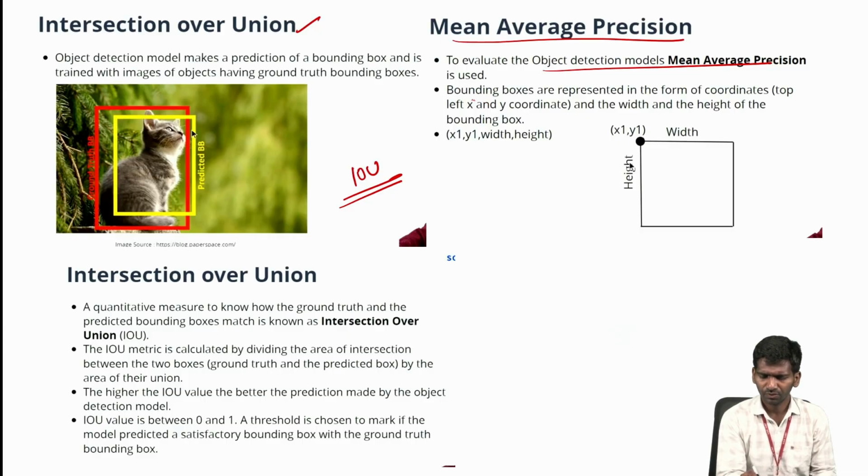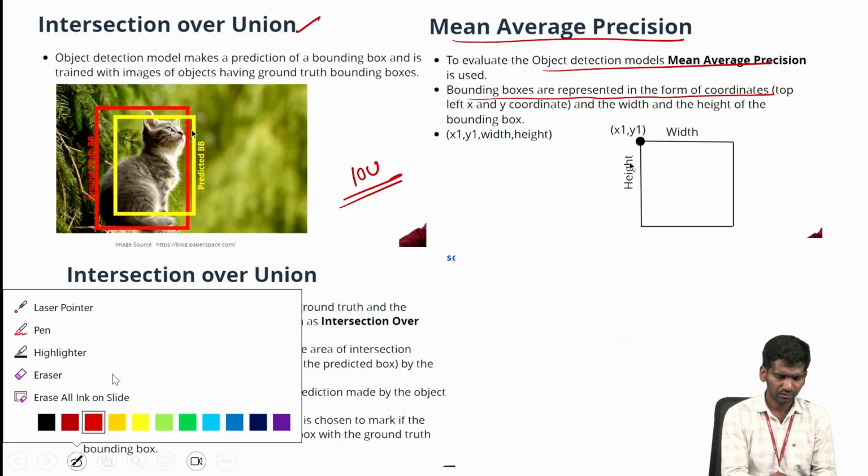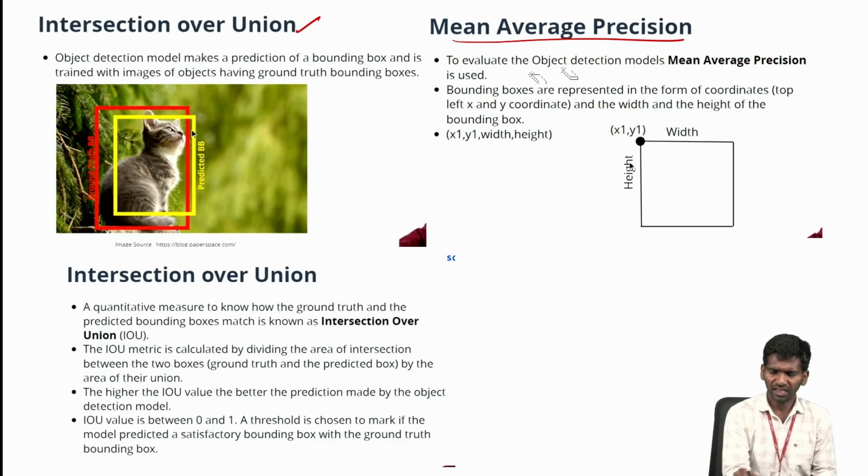Here we will identify bounding boxes, which are presented in the form of coordinates: top, left, right, top, bottom, left, right. Like this we identify the bounding box coordinates. Some more steps are there in mean average precision, and using that we can calculate it.